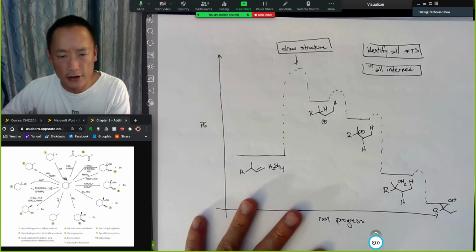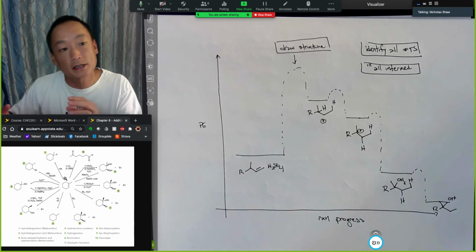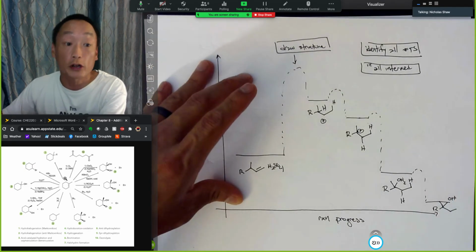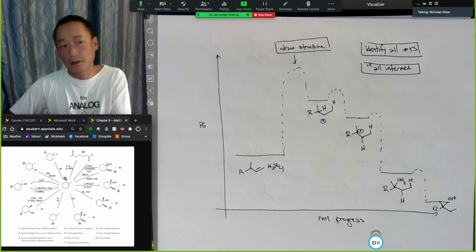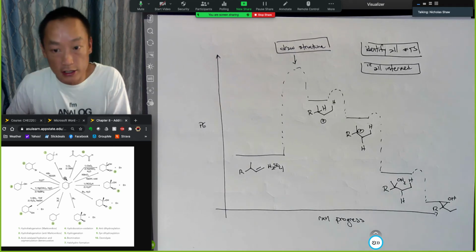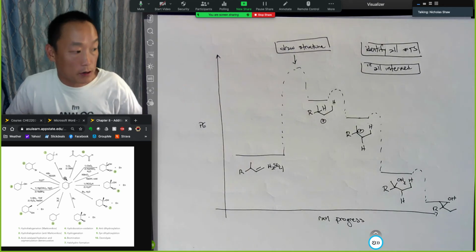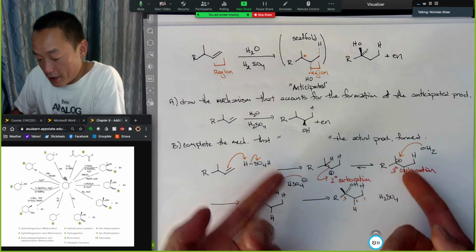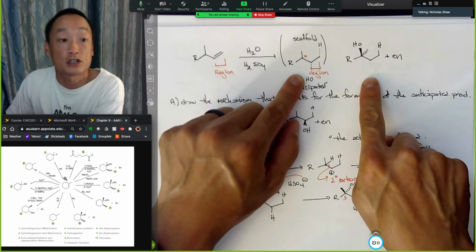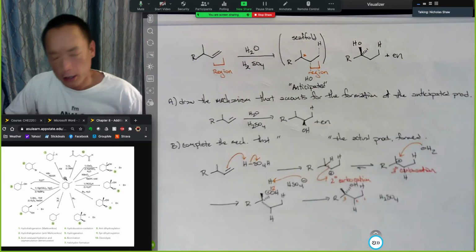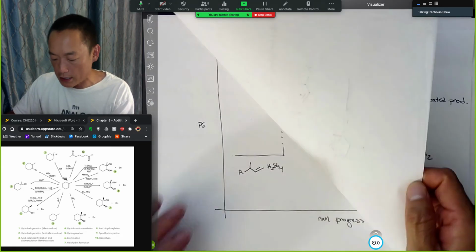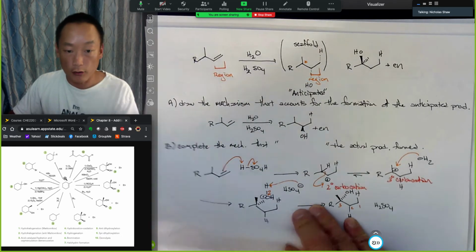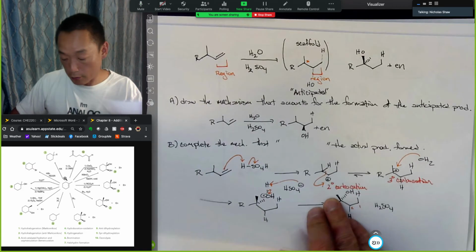I've certainly never sat down and asked you to specifically do that, but now I'm asking you to tie together some really straightforward themes. Here's the potential energy diagram, the reaction coordinate diagram. Can I match that to each of the steps in a mechanism? Can I show where that energy is? Or even asking the great question that Dallas asked, or that I asked Dallas: what would be the thing that we could potentially use to differentiate formation of these products? That would be temperature. Perhaps that gives you an idea of how these questions can start to show up, tying together what we've been doing over the course of this short week together.